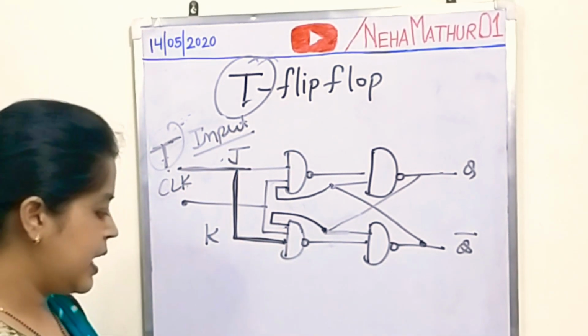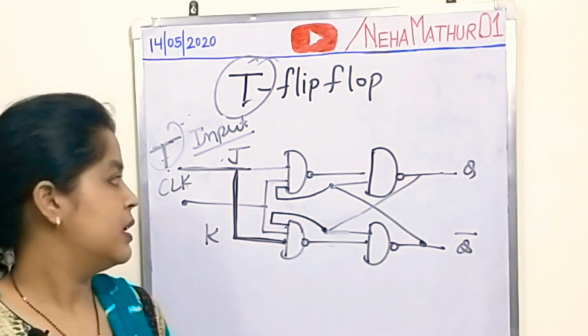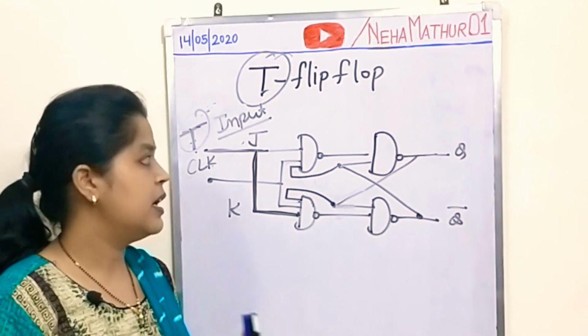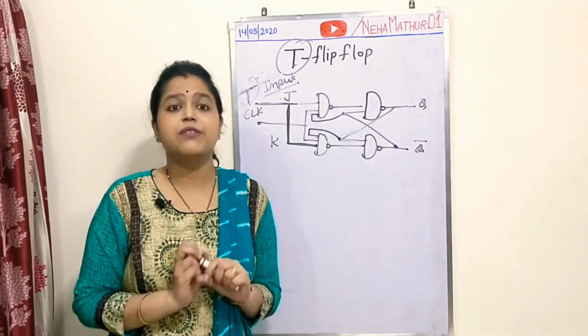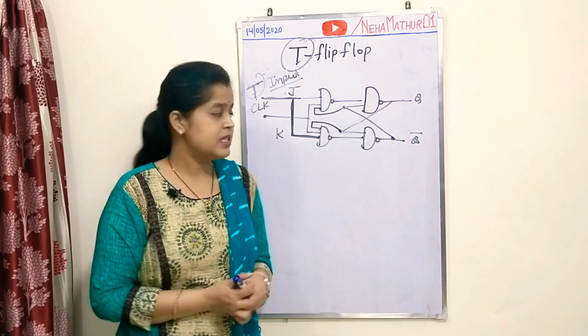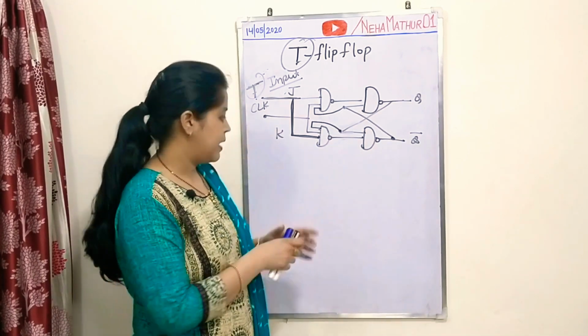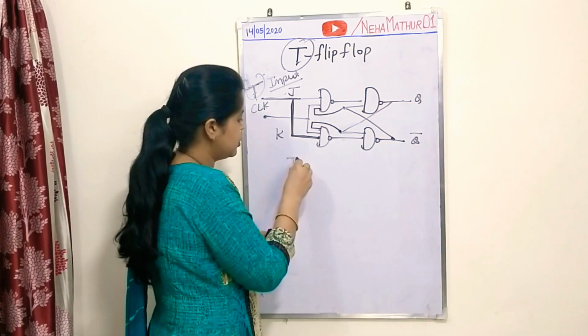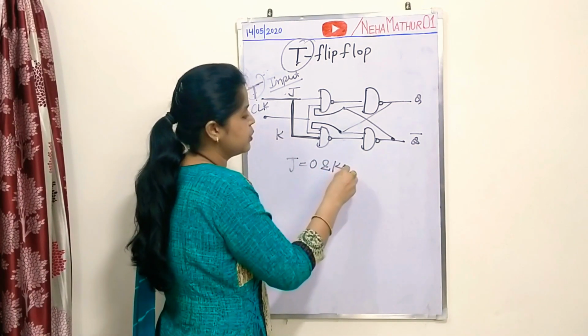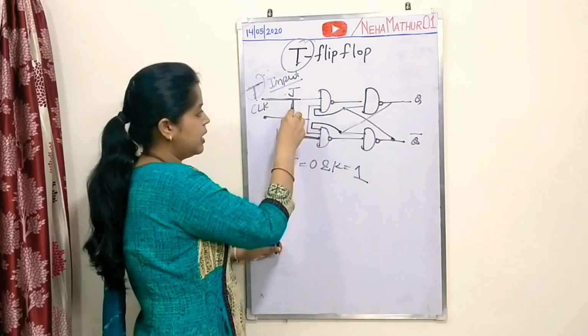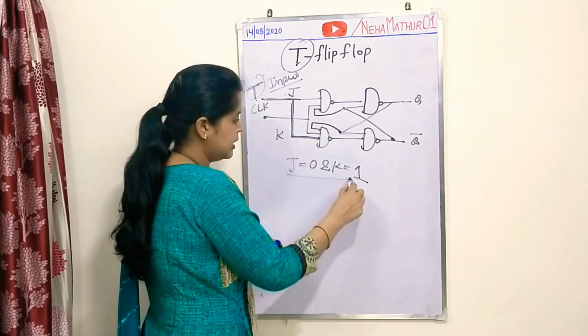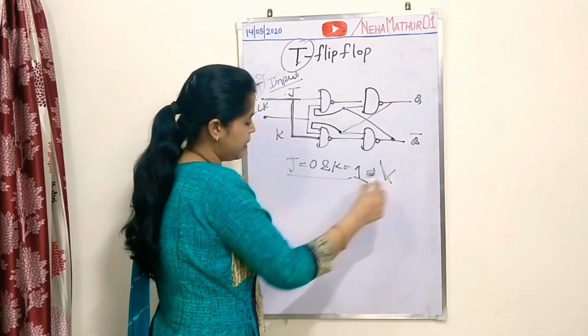Now J and K are connected permanently. That means the circuit is able to respond only for the same values of J and K. That means this circuit is not able to perform when J is equal to 0 and K is equal to 1, because both are connected permanently. That means this will never appear.